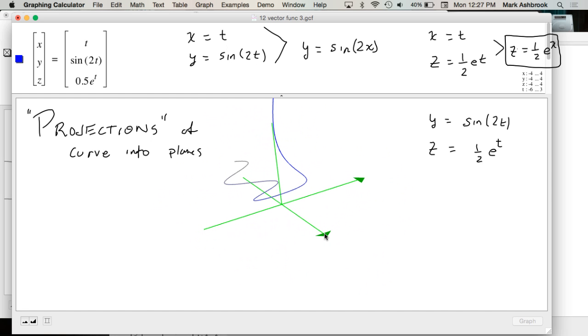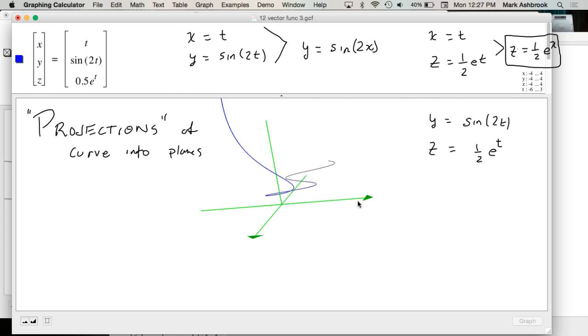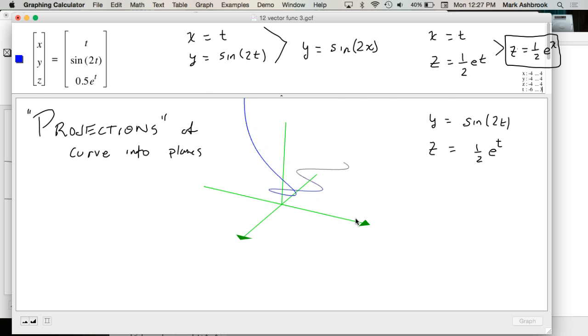So working with these projections is going to be really helpful for sketching and understanding these vector functions. Plus algebra. These are key points to sketching and understanding these. Another thing is some curves that live on surfaces.